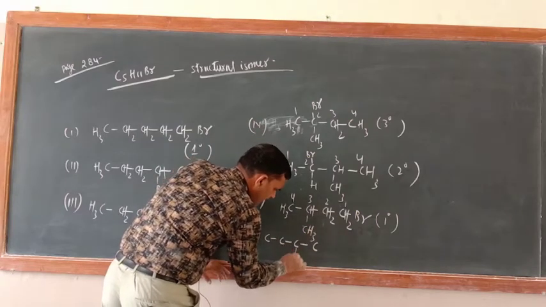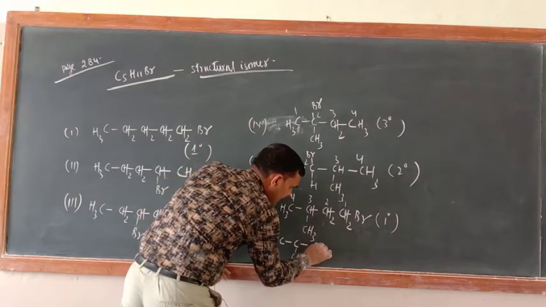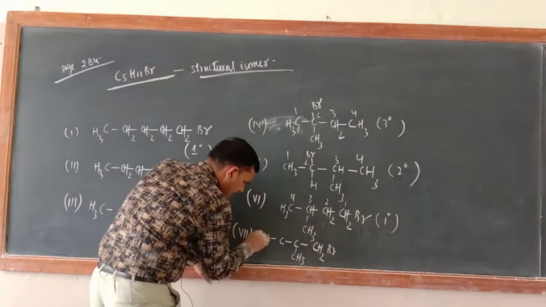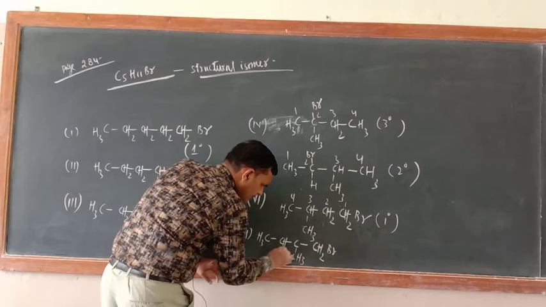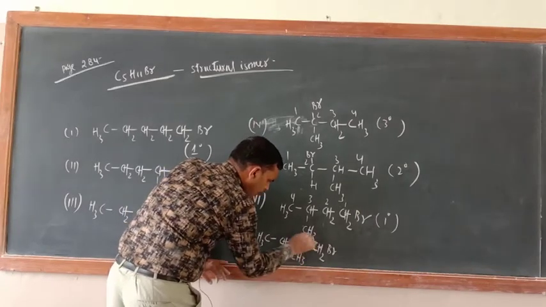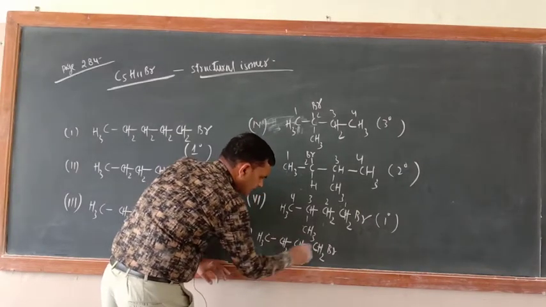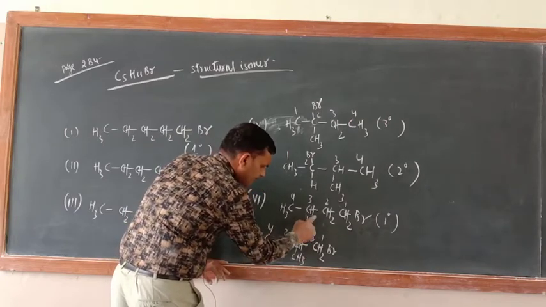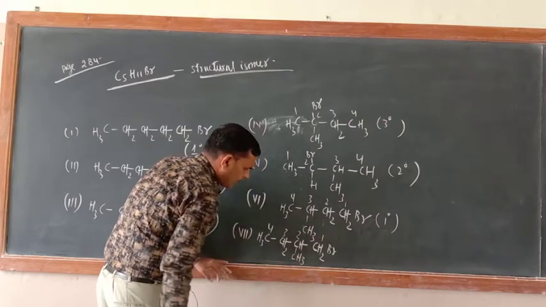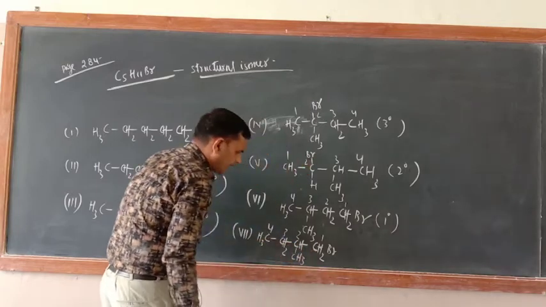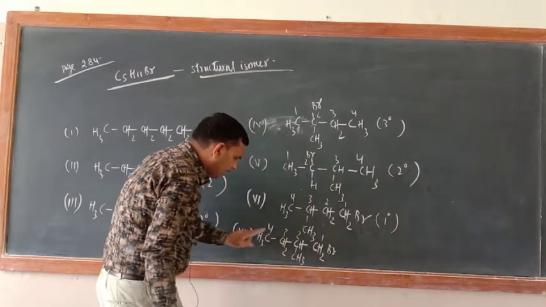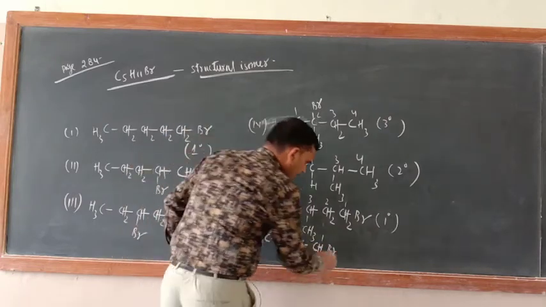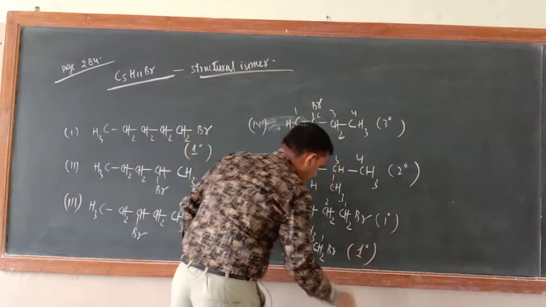So write down here CH3, here Br, here CH2, here CH3, here CH2, here H. 1, 2, 3, 4. So this is 2 methyl. 1 bromo 2 methyl butane, and this is also 1 degree only.